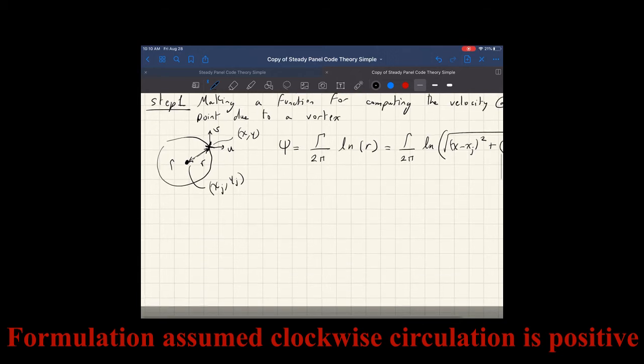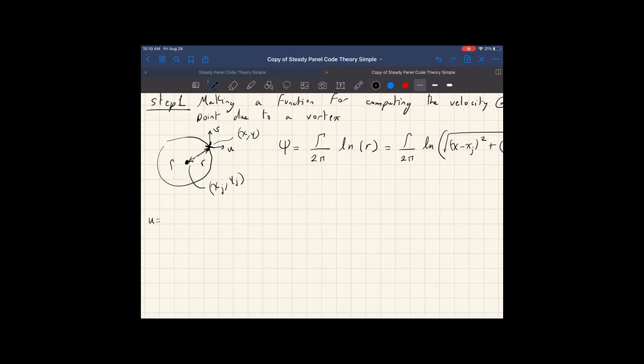All right, so knowing this, we can simply find the horizontal velocity by taking the derivative of the stream function in the y direction.